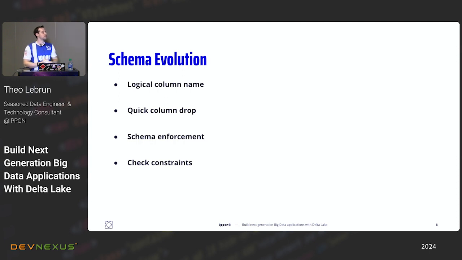And then the last thing is check constraints. If you're familiar with SQL engines, you can do constraints. So let's say on my column A, if the value is more than 20, then it's not going to insert anything. You can also do that with Delta Lake. So it's cool that you have all those features, especially if you're used to a SQL world. That way you can keep having your constraints and all that.